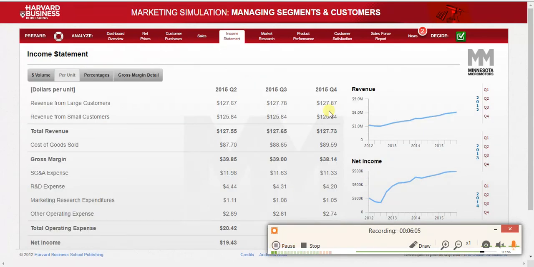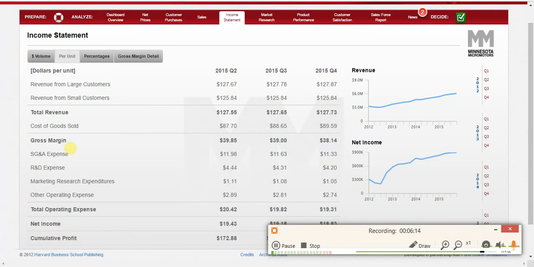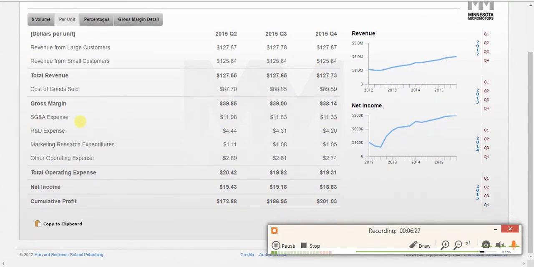Also, if you click the income statement tab and click the second tab that says per unit, you can look at the dollars per unit that was spent within each quarter: Q2 of 2015, Q3 of 2015, and Q4 of 2015. You can see total revenue, cost of goods sold, gross margin, total operating expenses, net income, and then my cumulative profit that I earned.